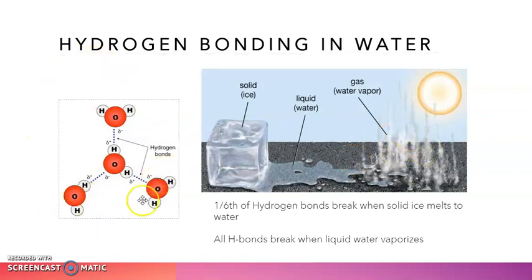Hydrogen bonding gives the water molecule a structure which is a regular tetrahedron, and the oxygen is forming hydrogen bonds with the neighboring hydrogen atom of a water molecule.